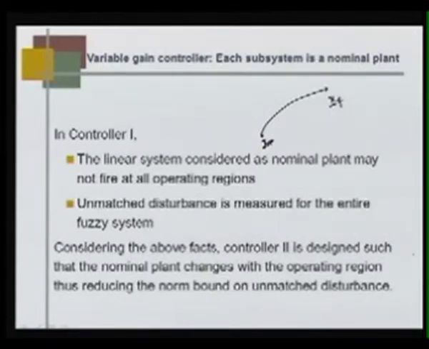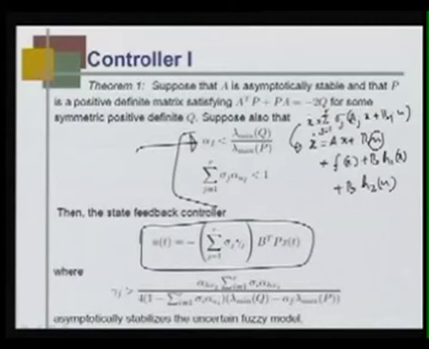What we are trying to say here is, in the controller, the desired criterion before we can implement it is that alpha f is less than lambda min Q by lambda max P, because this is a norm bound on the nominal plant.